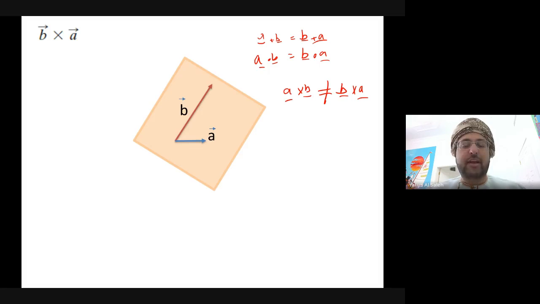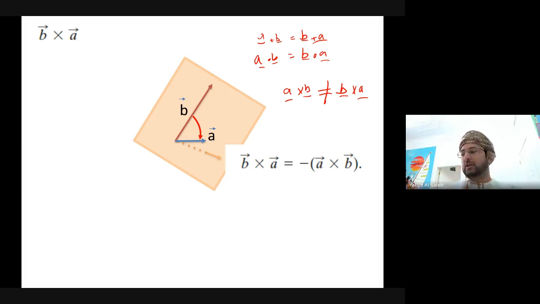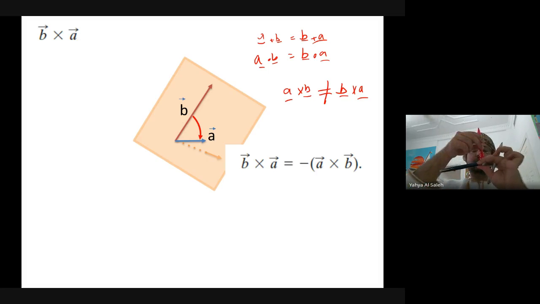So if I do A cross B, and then I do B cross A, my vector will be flipped. If A cross B gives me up, B cross A will give me down. If A cross B gave me down, B cross A will give me up.